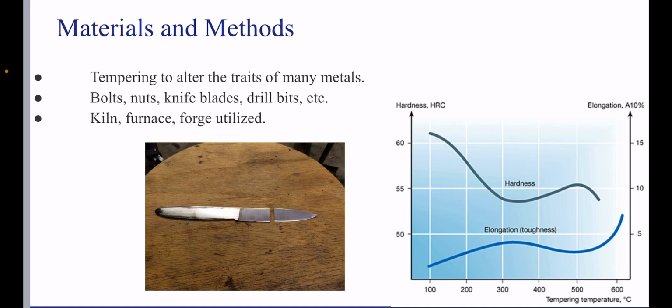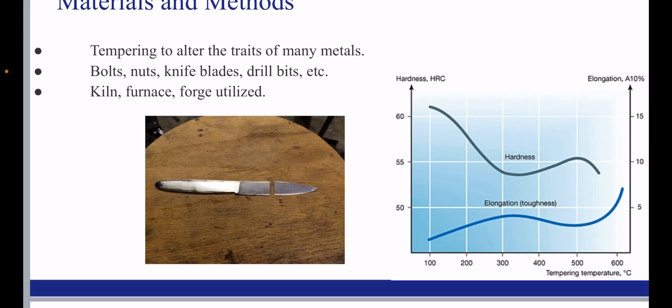It's typically done after quenching of a metal, because that will cause a metal to become very brittle. We can see in the picture to the left, the tempering process definitely didn't go as planned, and therefore it was a brittle knife blade.